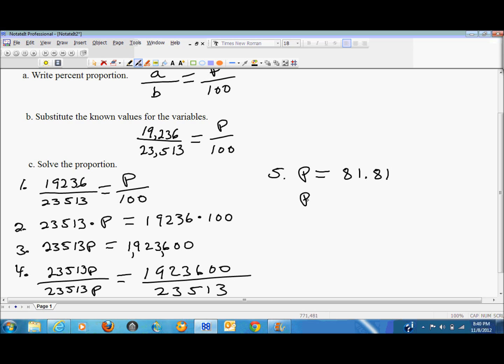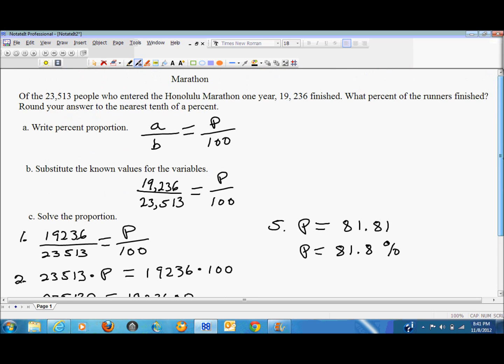So here, rounded, P is going to equal 81.8%. So out of the 23,513 people that ran the marathon, 81.8% actually finished.